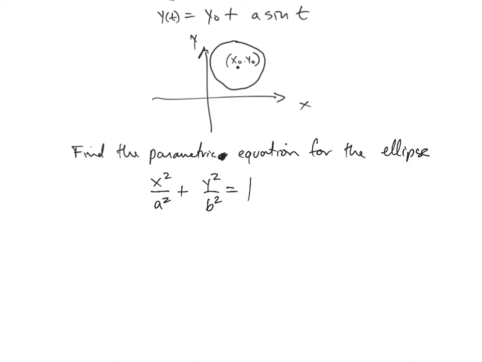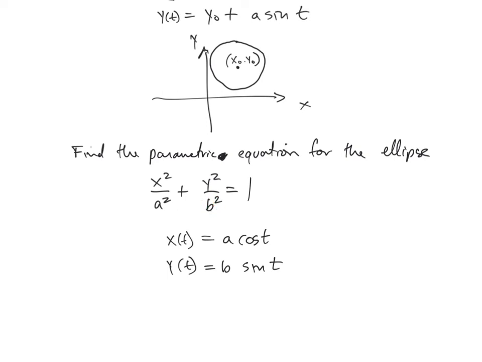But the equation is going to be similar, right? X is still going to be some function of cos of t. Y is probably still going to be some function of the sine of t. But we don't have a perfect circle now, so the radius might be different. Well, what if I make the radius for x a, this a here, and I make the radius for y b?